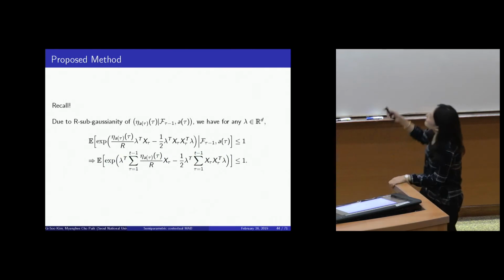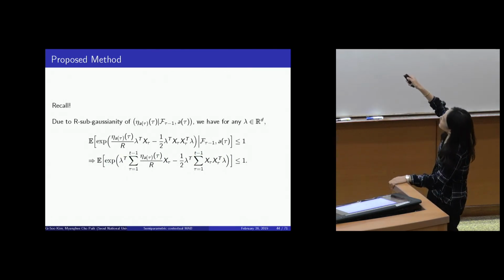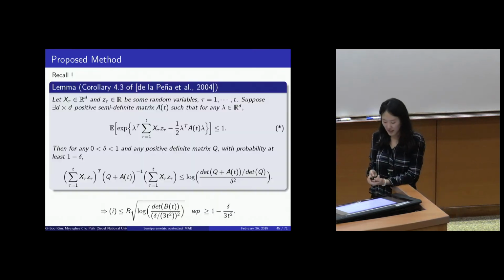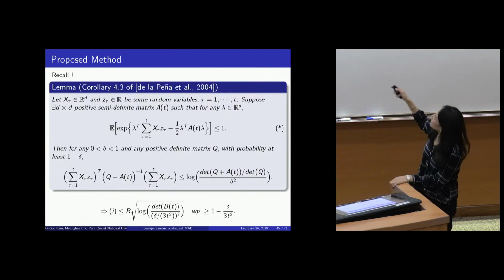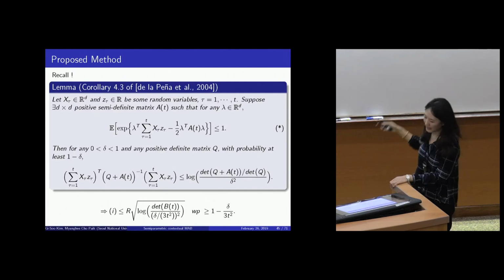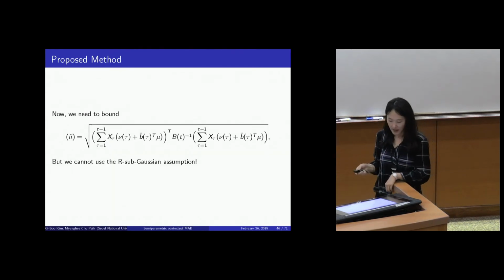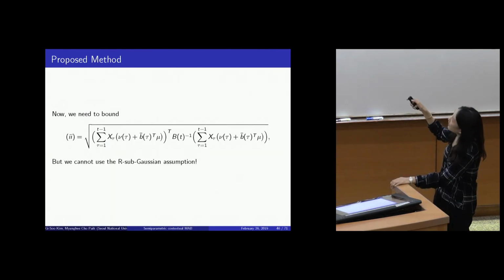But remember that for bounding the first term, we had used that the errors are martingale difference sequences. And so we had bounded the first term easily using the corollary of the lemma. The new problem is to bound the second term.